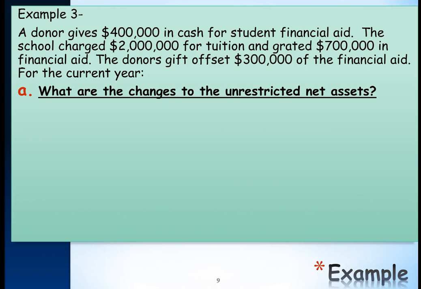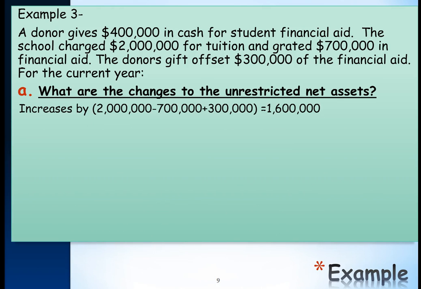So what are the changes to the unrestricted net assets? Increases by $1.6 million, because what we did was we charged $2 million in tuition. We granted $700,000 in financial aid, and we had to reduce it by $300,000 because of the financial aid we received. So we had an increase of $1.6 million.